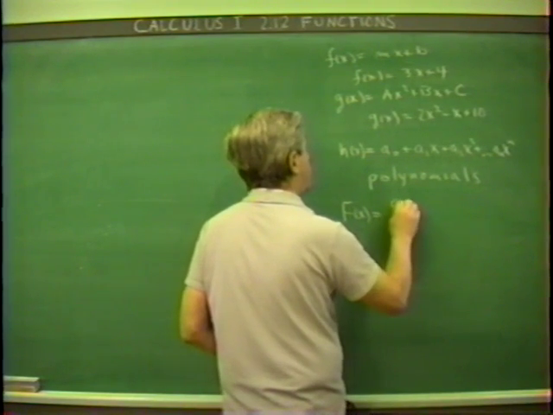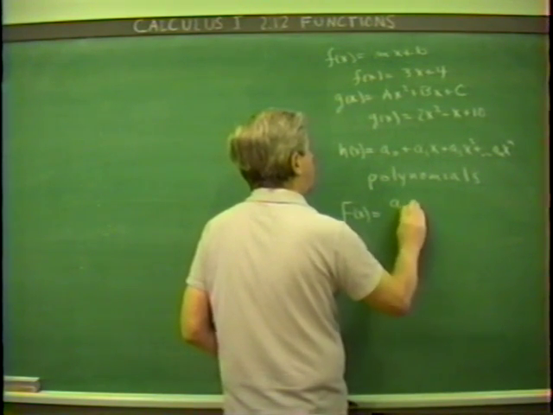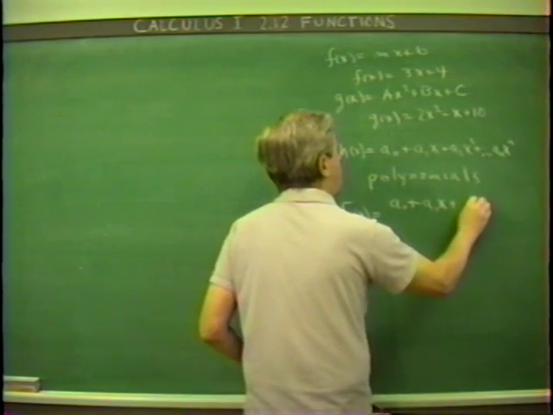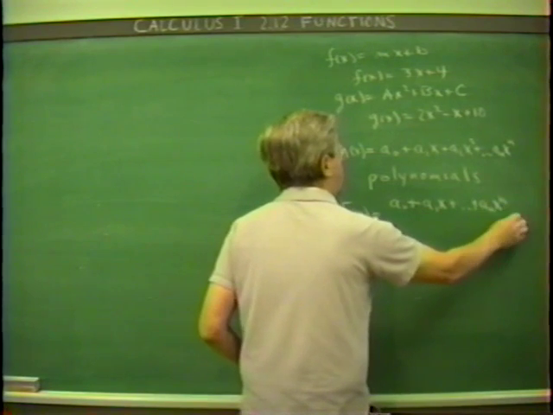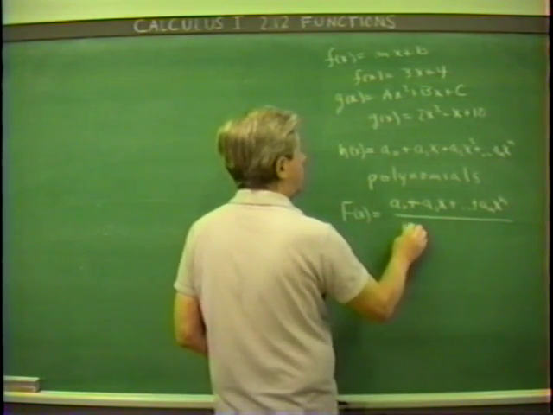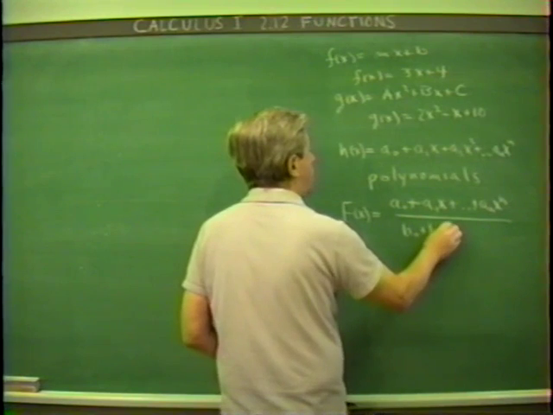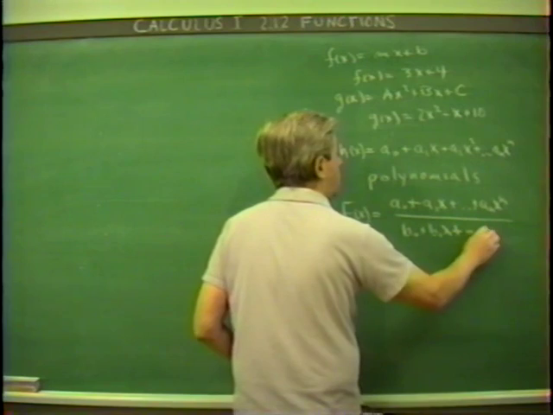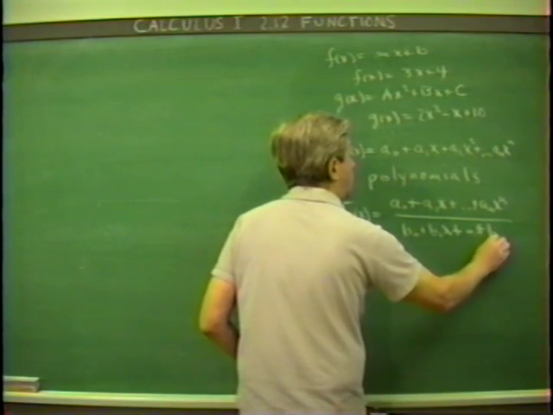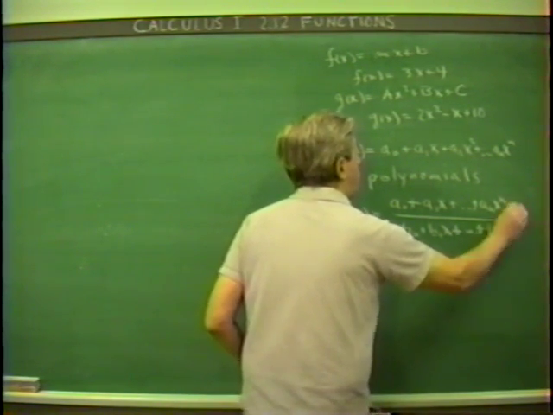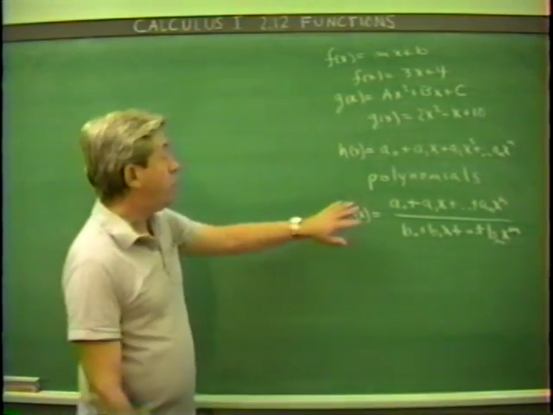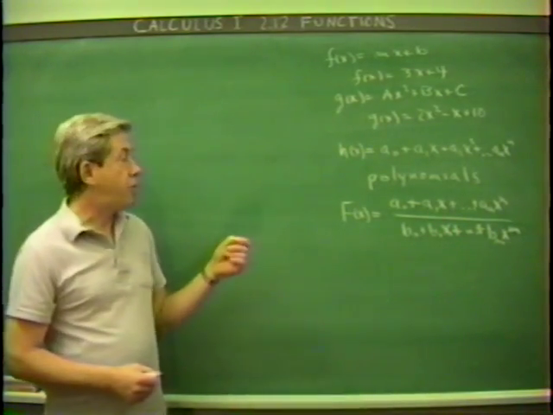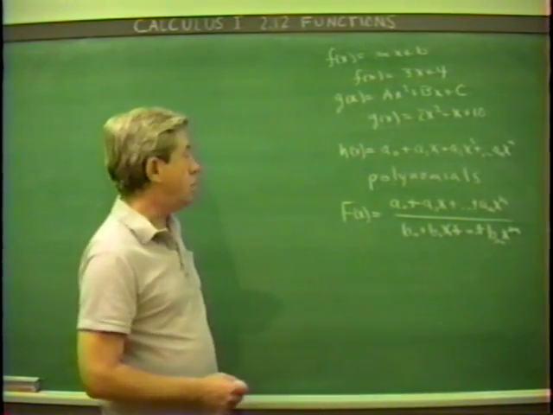So that in general, if the first polynomial looked like a0 plus a1x plus and so forth plus an x to the n, and the second one looked like b0 plus b1x plus and so forth plus b sub m x to the mth power, then the result would be a function which would be defined and have a natural domain of all numbers x, except for those where the denominator was equal to 0.